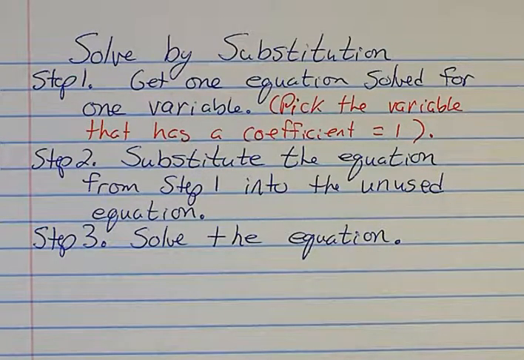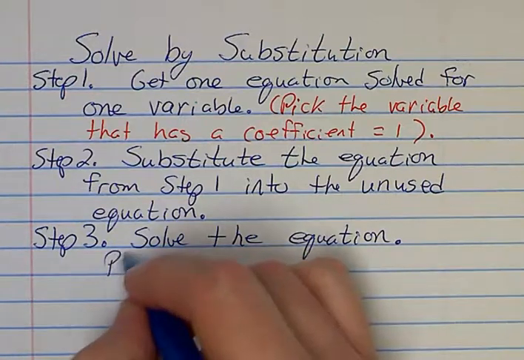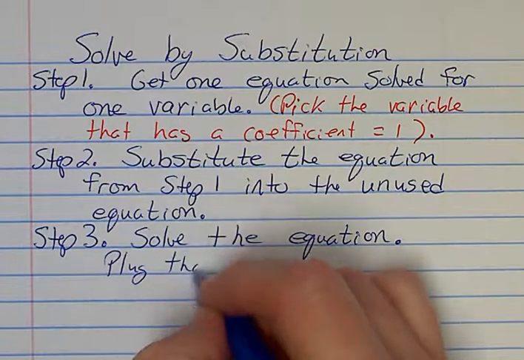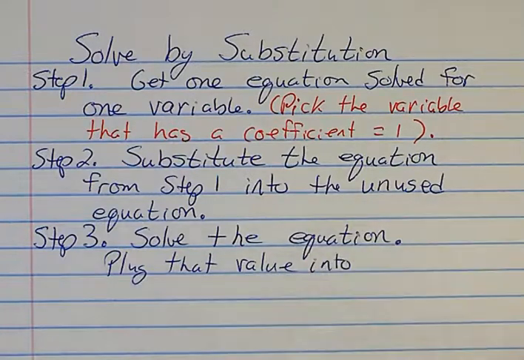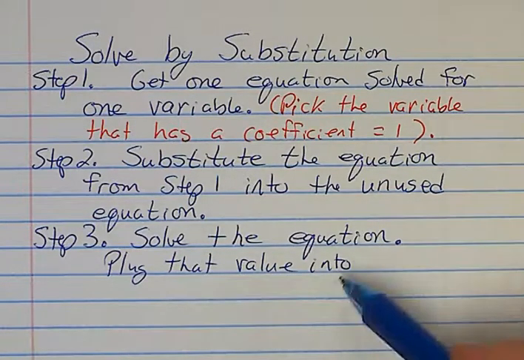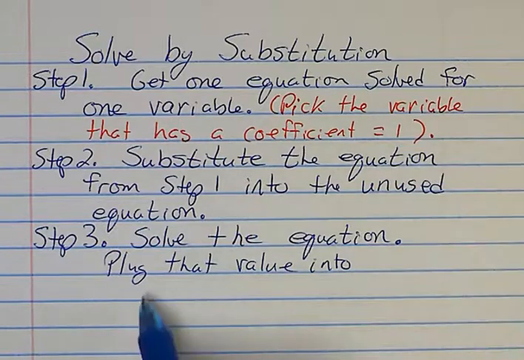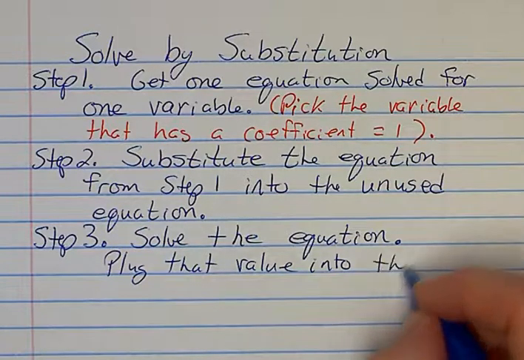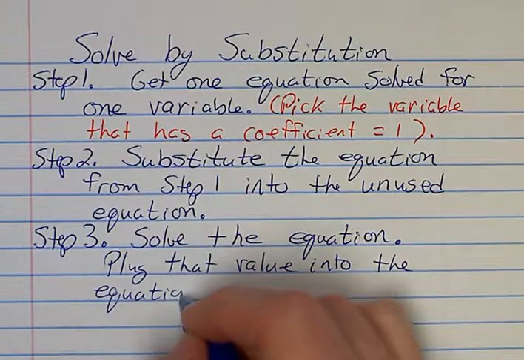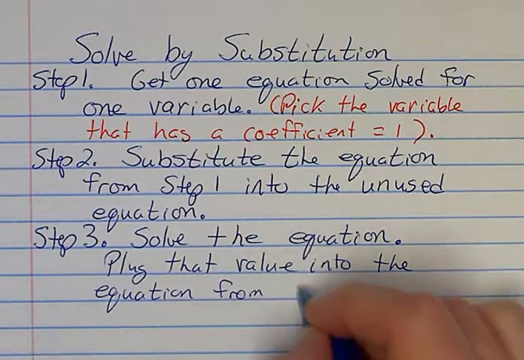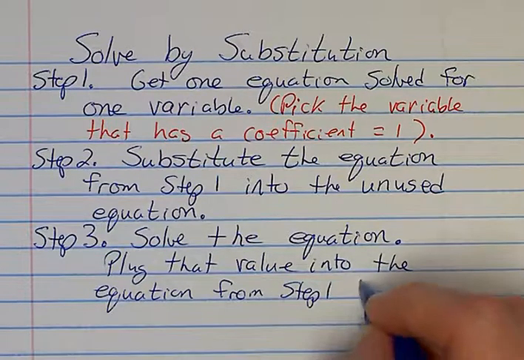Now here's where we're going to change it just a little bit. Plug that value, instead of into the original equations, into the equation from step 1. Find the other value.